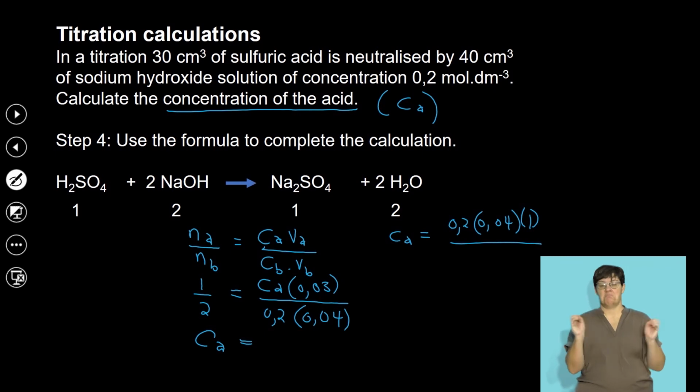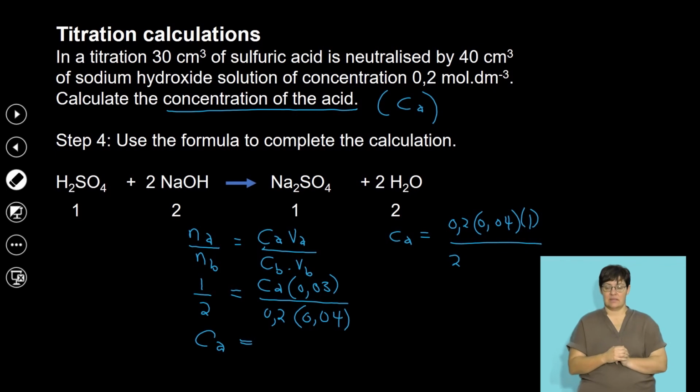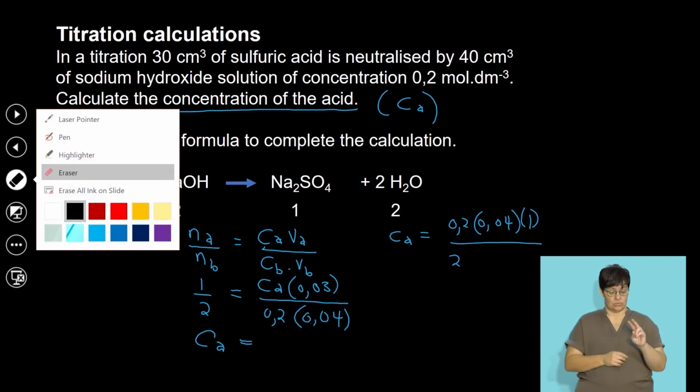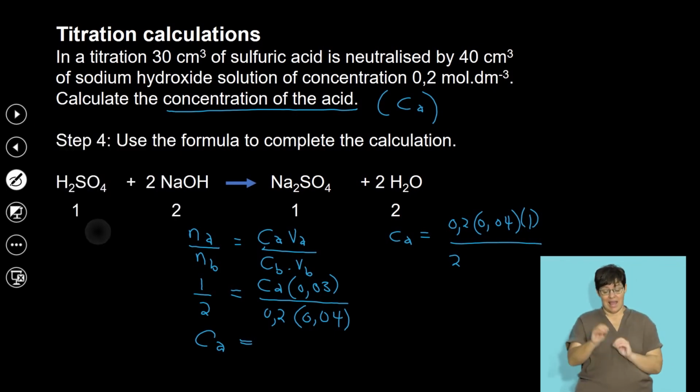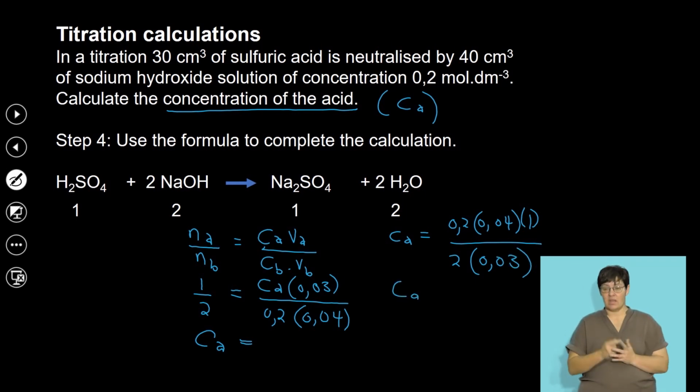And then we have to divide by 2 multiplied by 0.03 actually, just to correct that, okay? So the substitution is very, very important because the data is given. If we make that the subject, it will be 2 multiplied by 0.03. That's our substitution there. So then we've got our concentration of the acid.